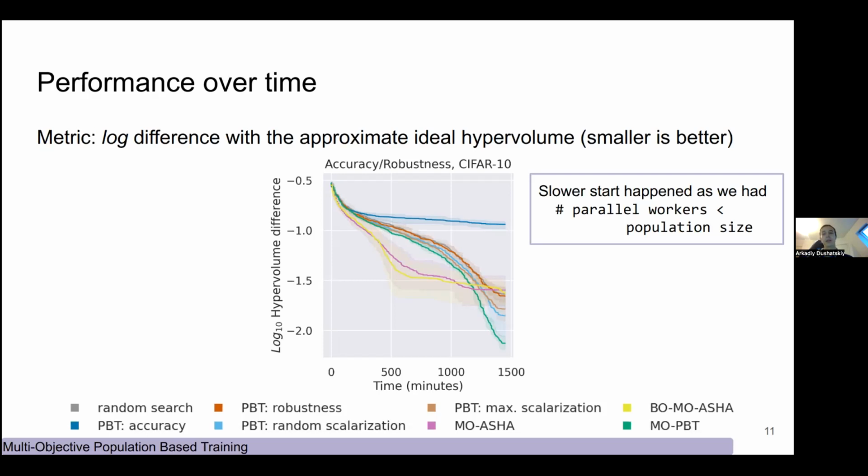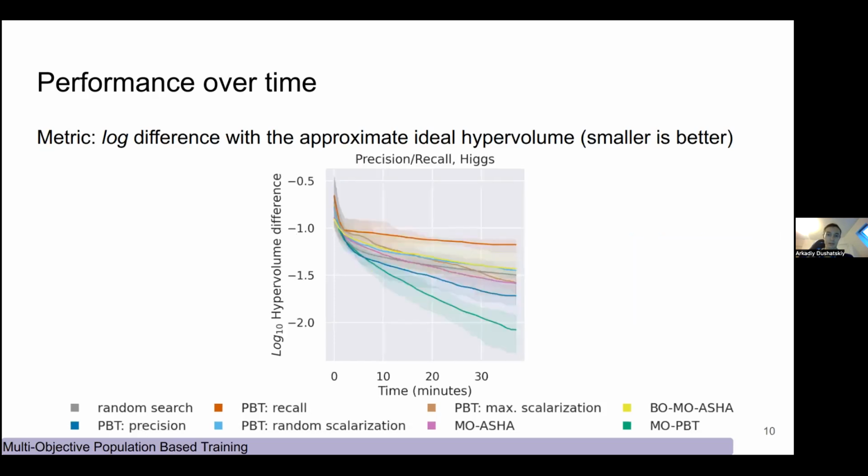And that explains why MO-ASHA and BO MO-ASHA have better performance at, let's say, minute 500. But if we could have more parallel workers, equal or more than the population size, then this problem would disappear. As in this example, the plots should look kind of like this.